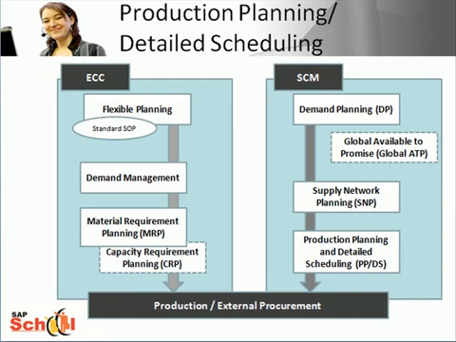PPDS can reduce lead times, improve on-time delivery performance, increase the throughput of products, and reduce the stock cost through better coordination. You must keep in mind that PPDS is a planning tool. Shop floor control functions such as confirmations must be performed in SAP ECC or in another OLTP system.